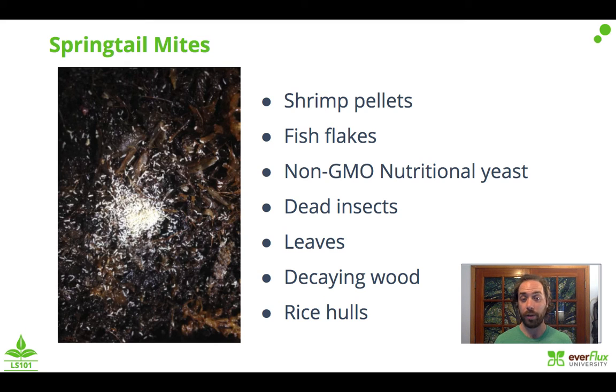They will also help to eat decaying wood. And if you used rice hulls as aeration, they will also eat rice hulls. So there's a lot of different things that they will eat, and you don't really have to worry too much about them getting out of control, because again, they only eat dead things, and they eat microscopic pests that we don't like. So really, they're just beneficial.